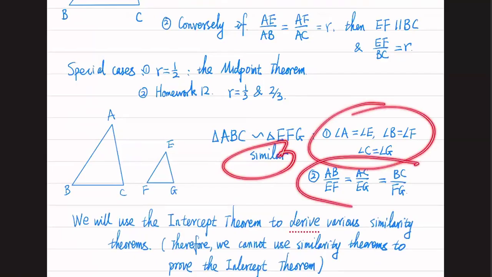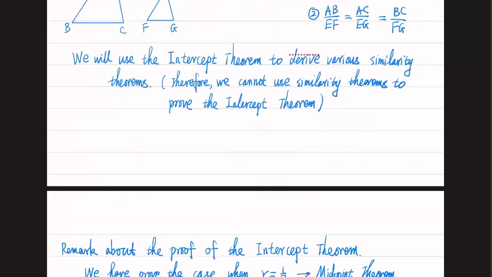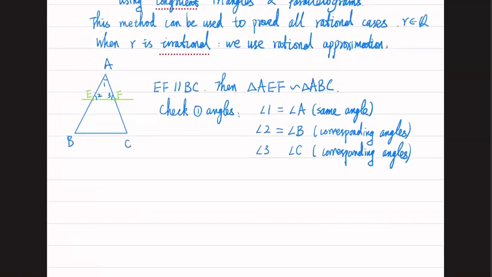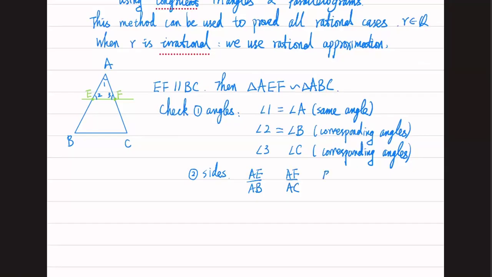We move to the side condition of the triangles. Second, we check sides: AE over AB, AF over AC, EF over BC.